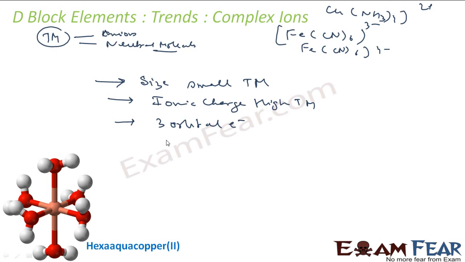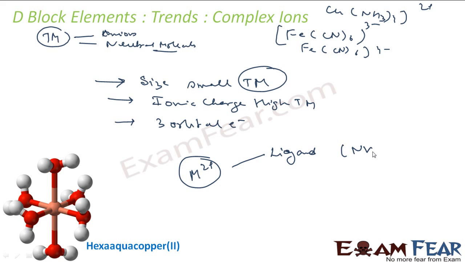What I'm saying is these metal ions have a tendency to interact with ligands, for example ammonia, CN-, water molecules. These ions attract and form bonds with these ligands. The ligands have highly electronegative atoms, for example nitrogen and oxygen, and they have unshared electron pairs also.